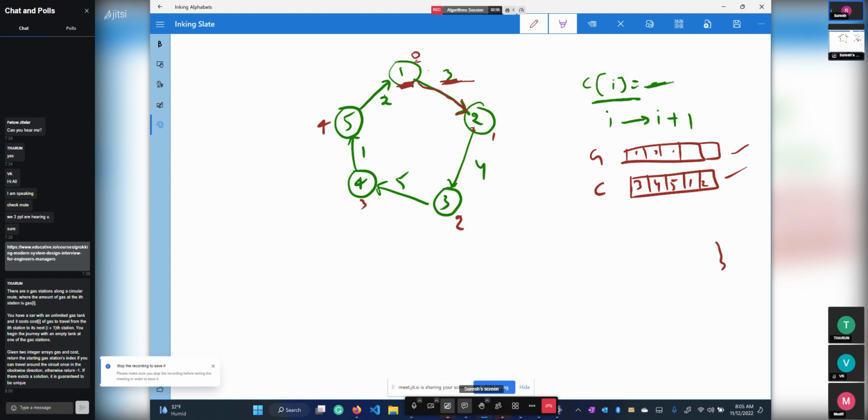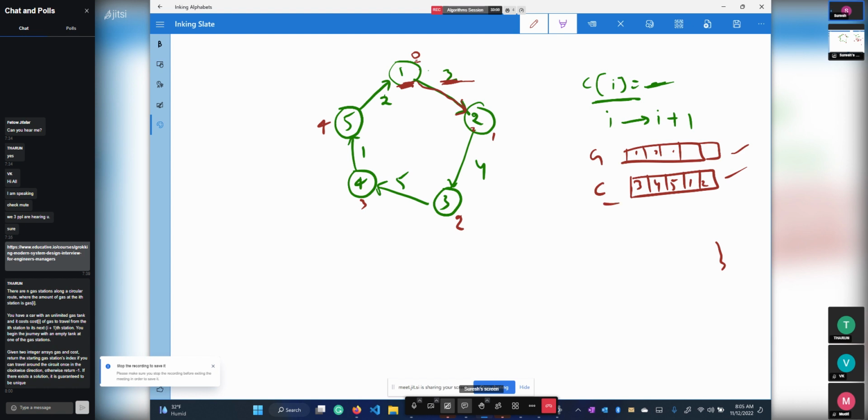It's basically the cost. It's not the distance, it's the amount of gas required, the amount of gallons required to go from one to two. I think I coded it as distance, but the variable I used in my solution is wrong. You can think of it as the cost. That's why it's called cost.